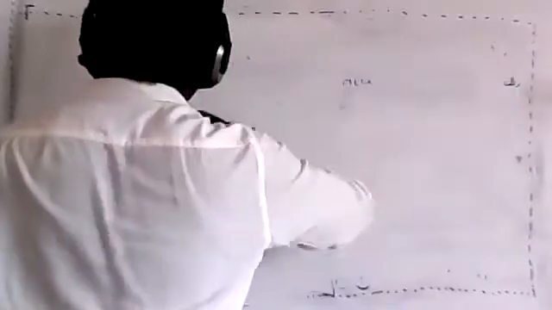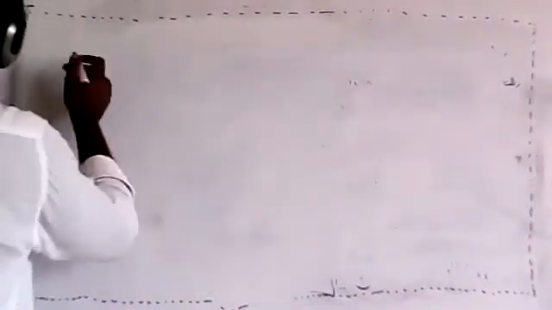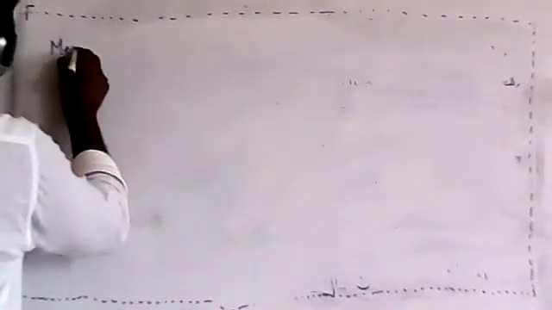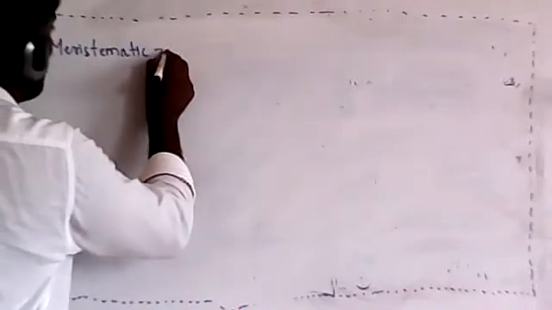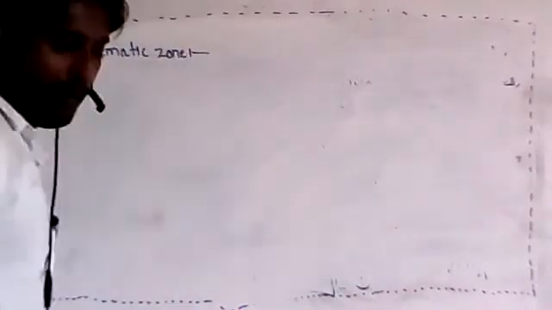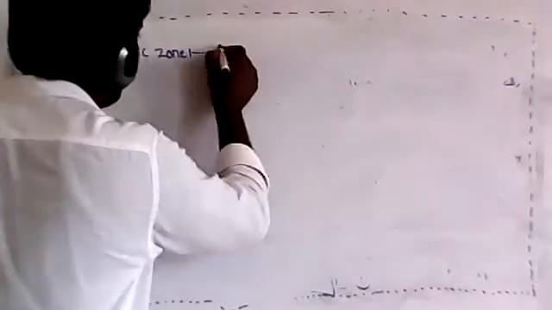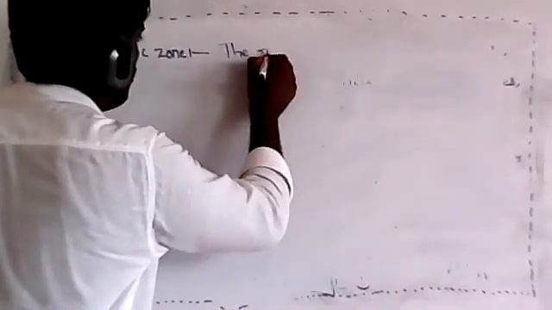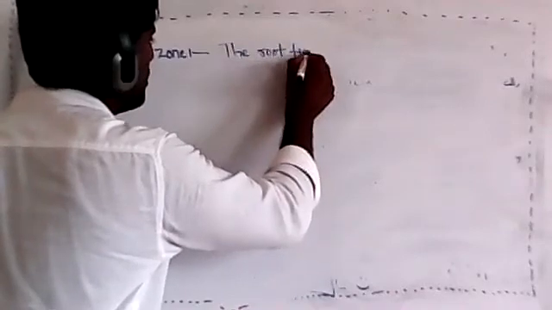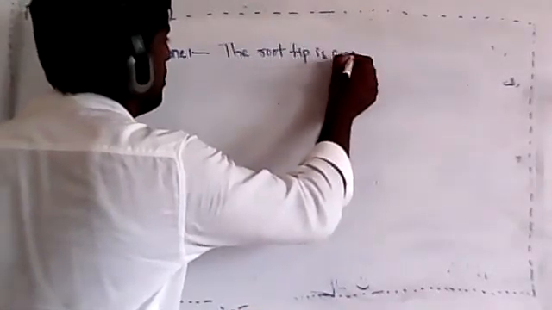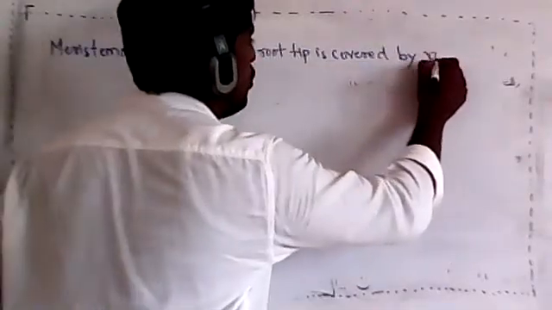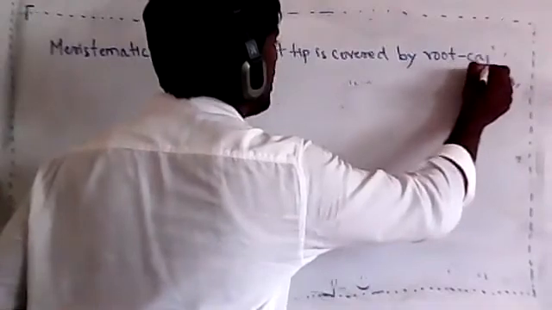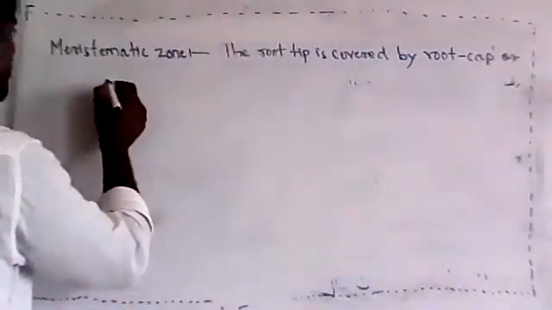Now first, let me give you the notes on the meristematic zone. The root tip is covered by the root cap or calyptra.